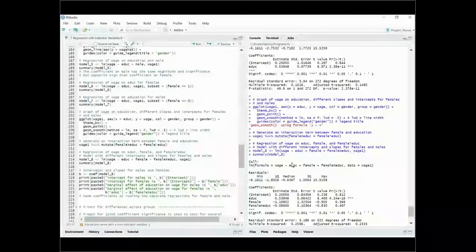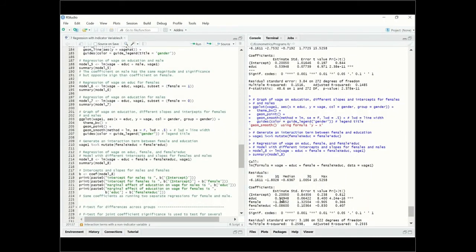That's not a coincidence. This has to be like that. The reason is that if female is equal to 0, that is the intercept for males. And if female is equal to 0, this interaction term would be equal to 0. So the slope, or the effect of education on wage for males, would be this one.